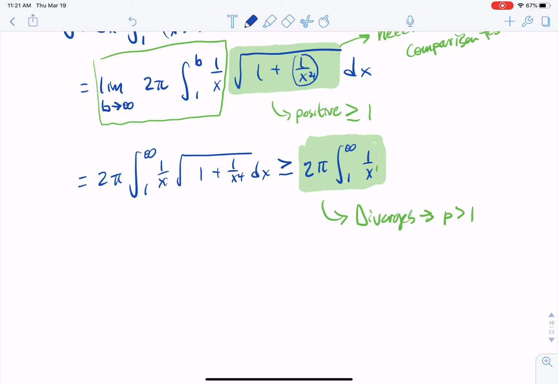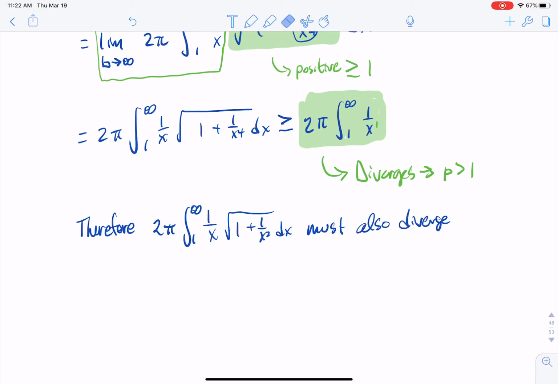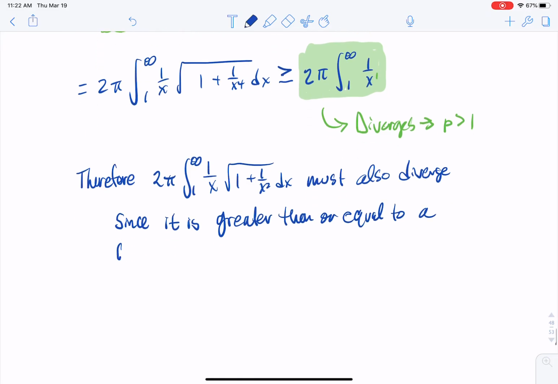So therefore, 2 pi times the integral from 1 to infinity of 1 over x times the square root of 1 plus x squared dx must also diverge, since it is greater than or equal to a divergent improper integral.